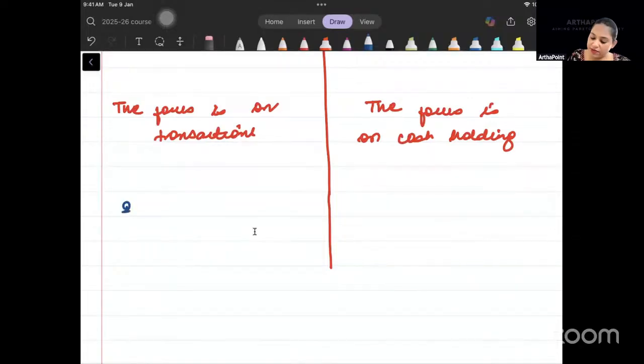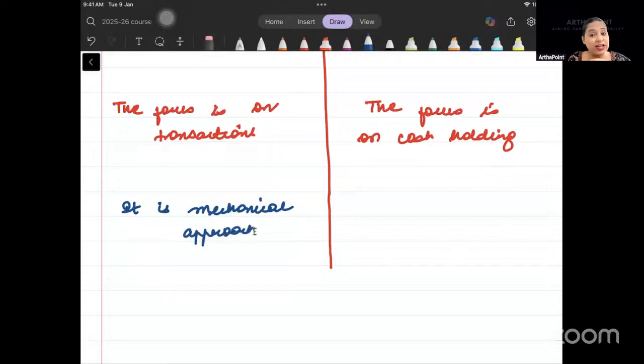So it is mechanical in nature. Whereas this talks about cash dependent on the income that you have, so it is a very behavioral approach.